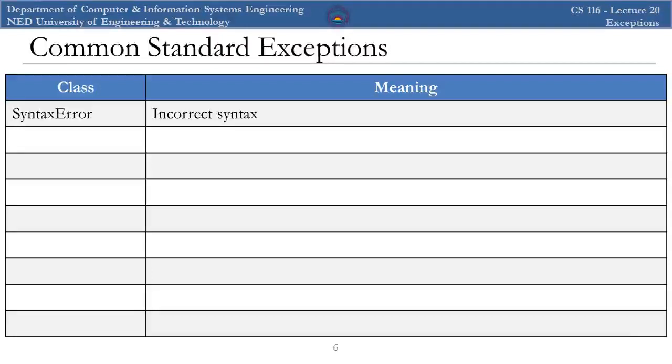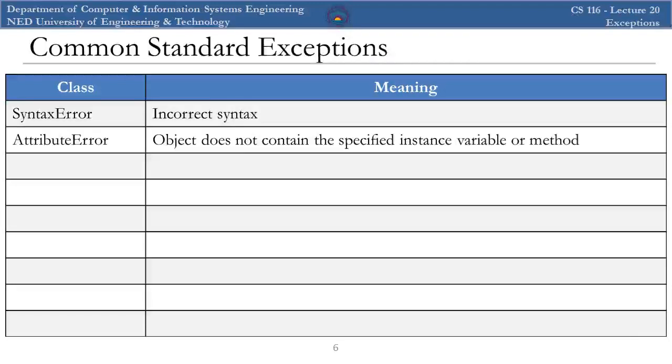Whenever an object of this class is created, or this type of error is shown at Python's shell, that means that we are using some wrong syntax in the code. Then we can have an AttributeError if the object does not contain the specified instance variable or method. Like you are calling a method which does not exist in that particular class. That raises AttributeError.